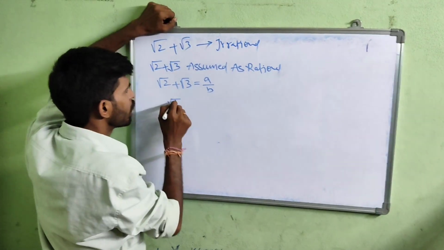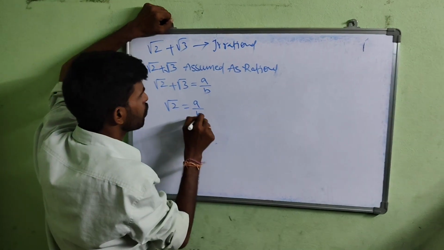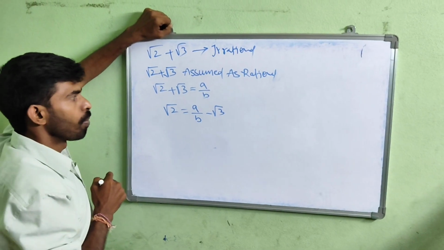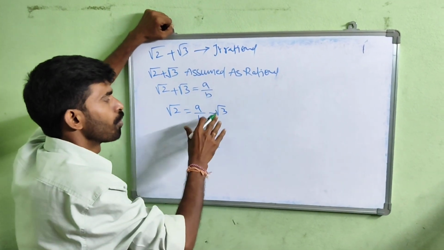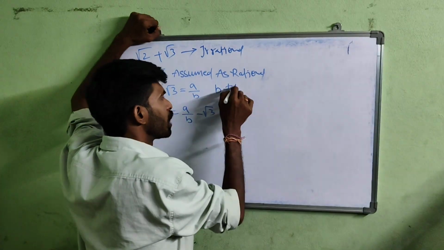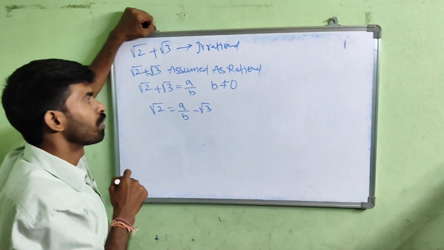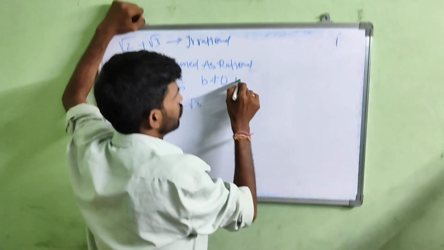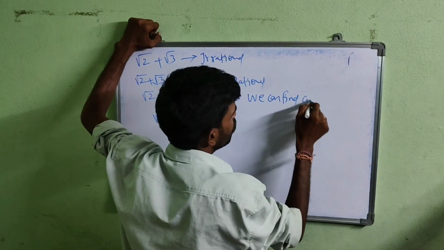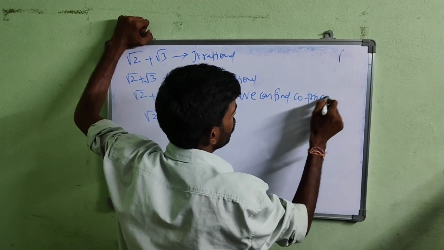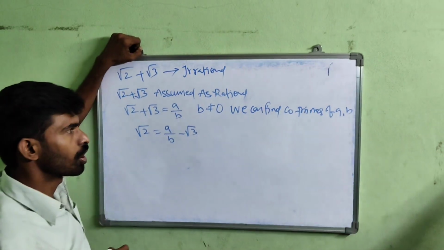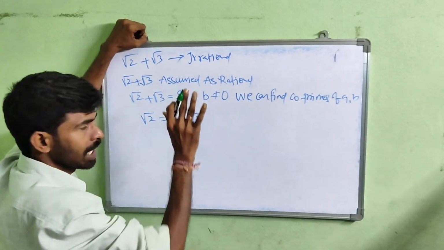If I take it, root 2 is equal to a by b minus root 3. Here b is not equal to 0. We can find co-primes of a, b, because we consider it as a rational number.